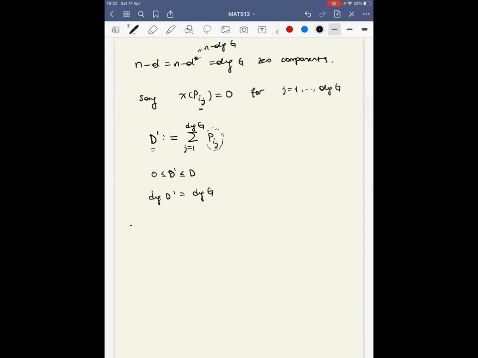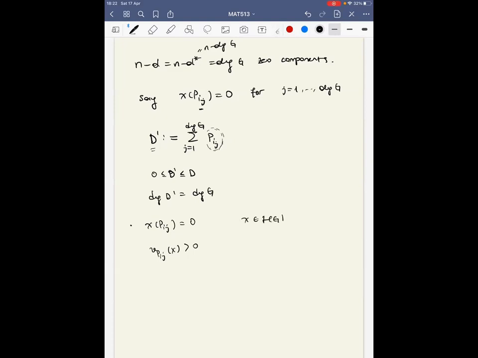And finally, by the assumption this function has zeros at the P_ij's, it means their valuations at these distinct places are strictly positive.